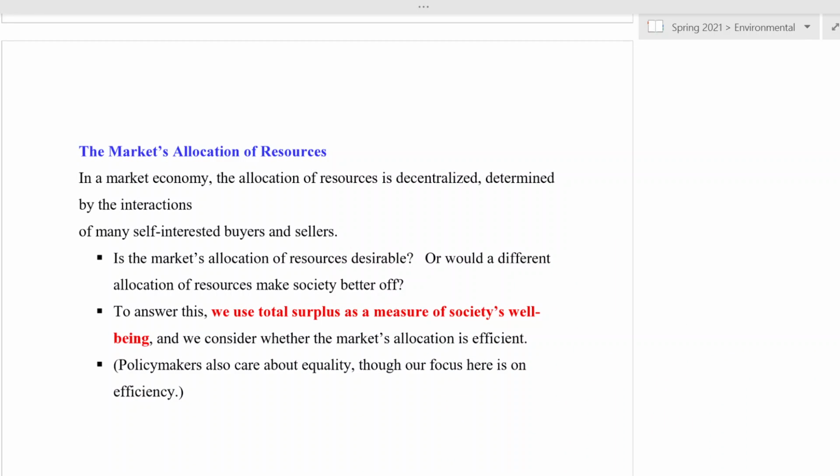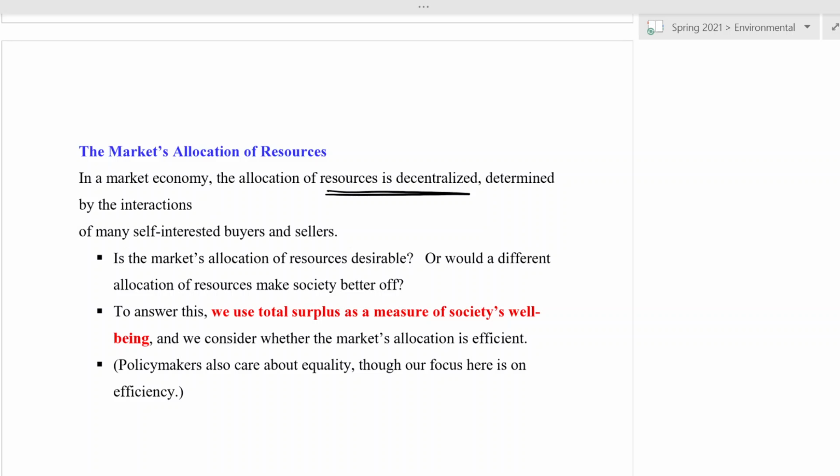So coming back to some of the ideas we discussed very early on, how we organize economies, market economies versus command economies, essentially capitalism versus socialism in a way. Remember that in market economies, the allocation of resources is totally decentralized, determined by the interactions of all the buyers and all the sellers.